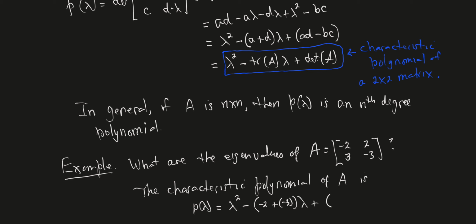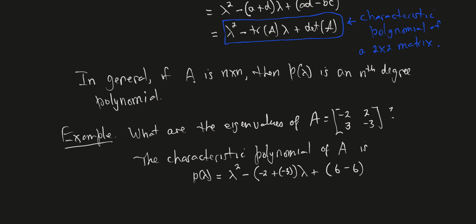Now the determinant of the matrix is going to be 6 minus 6. So the determinant is 0, so this is actually a singular matrix, right? And it doesn't matter if the matrix is singular or not, this formula always gives us the characteristic polynomial.